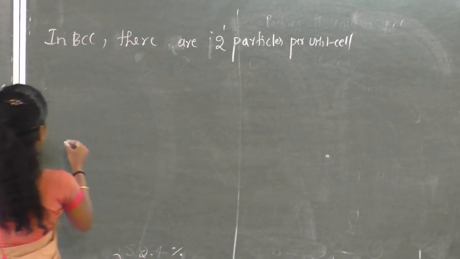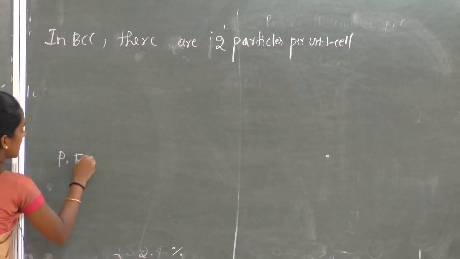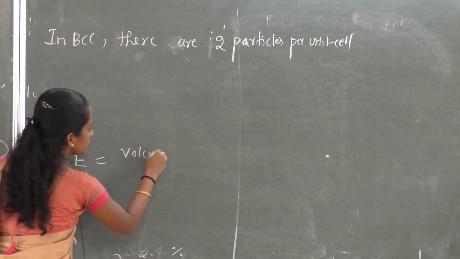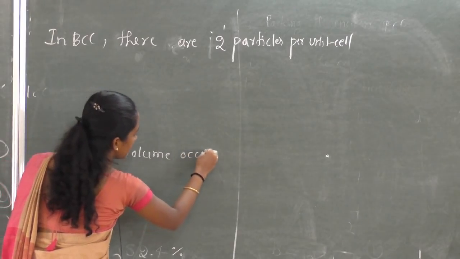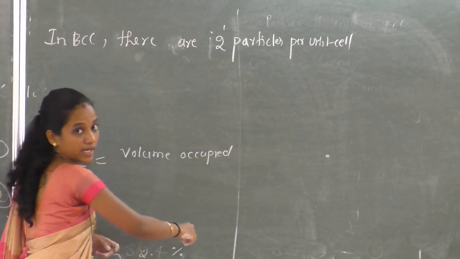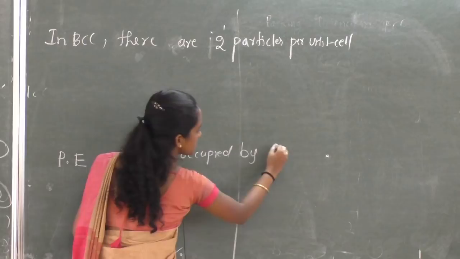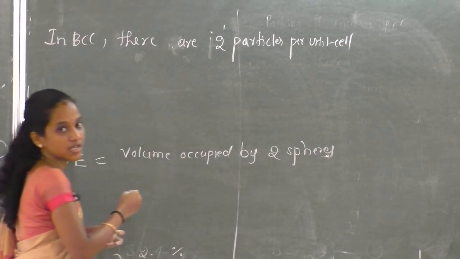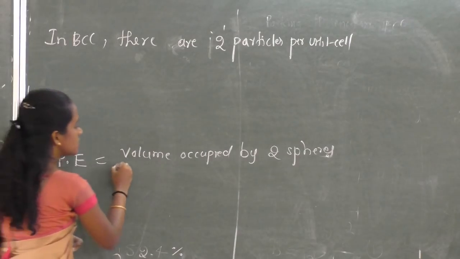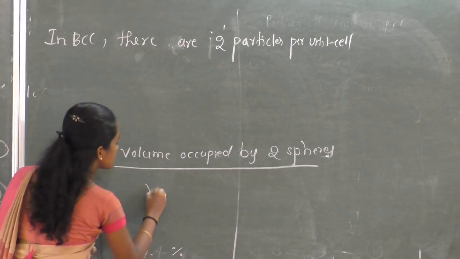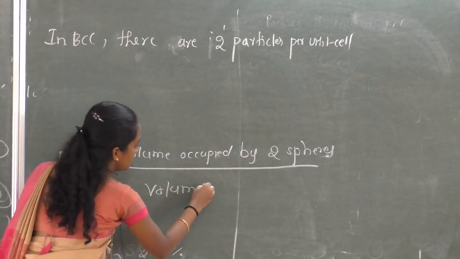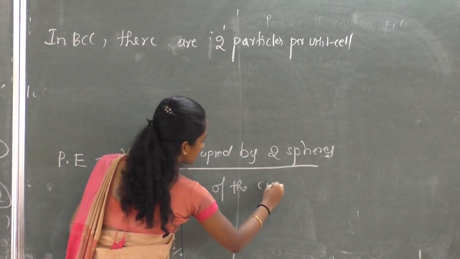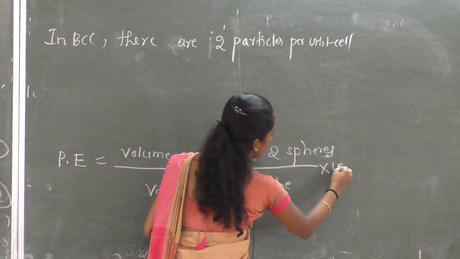Okay. What is our formula to calculate the packing efficiency? Packing efficiency is equal to volume occupied by the 2 spheres, because in BCC there are 2 particles per unit cell, divided by volume of the cube into 100.